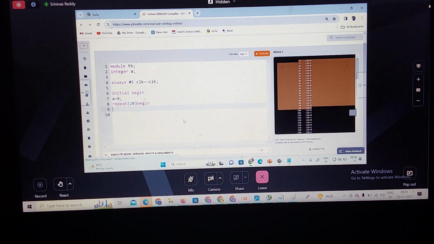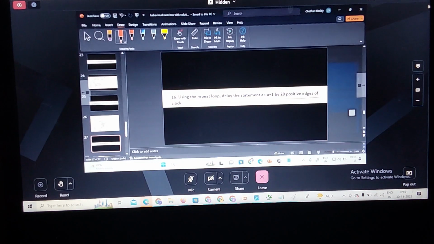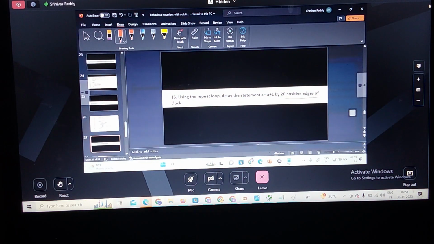What do we need to do? Is it A is equal to? He's talking about 20 positive edges. To understand this question properly: repeat loop, delay the statement.